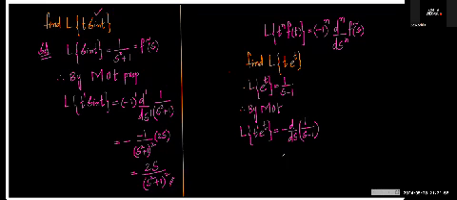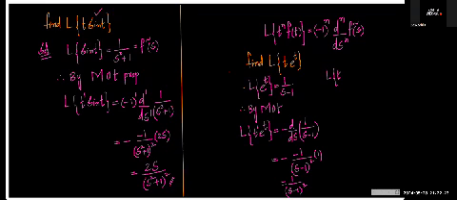Again the same story: minus will be as it is, differentiation of 1 by x is minus 1 by x square, and there is an inner function again, but differentiation of s minus 1 is 1, so the answer is 1 by s minus 1 whole square.